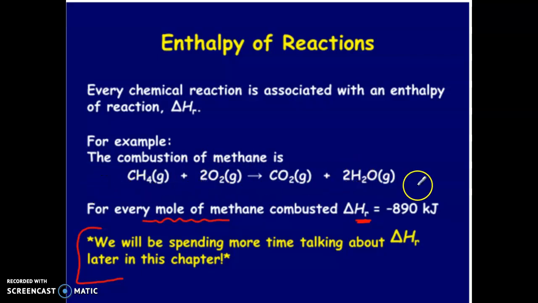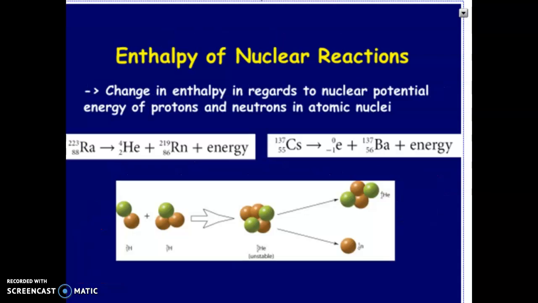For this particular example, let's say we had 1 mole of methane combusting, it would give off negative 890 kilojoules overall. So this is definitely an exothermic process, because it's a negative delta H. I'm not going to spend too much time going over this because we're going to spend a lot of time on it in the rest of the chapter.